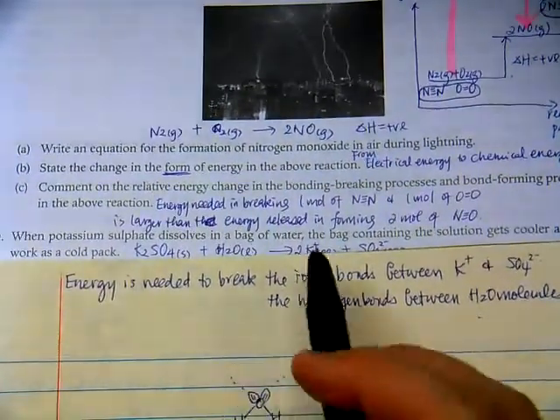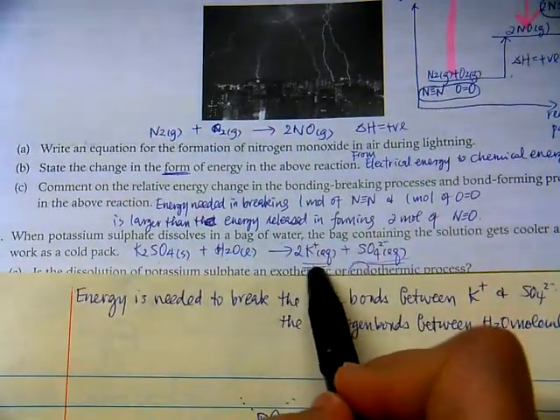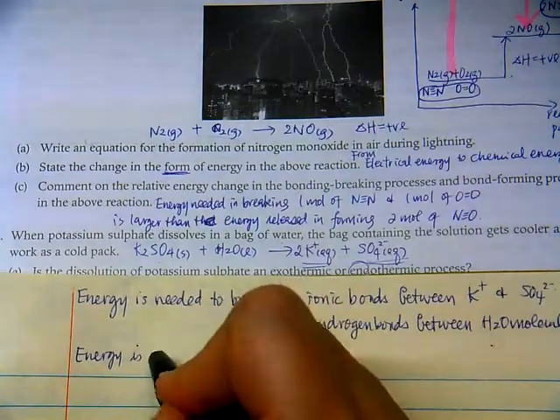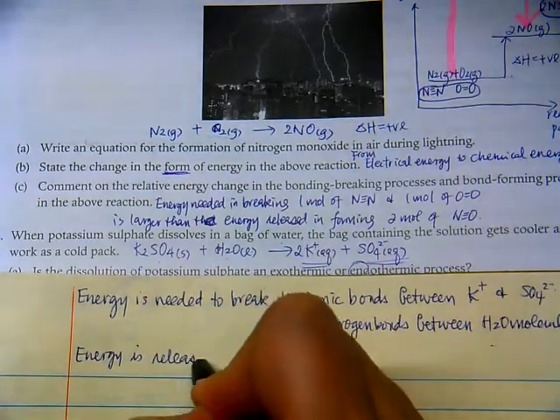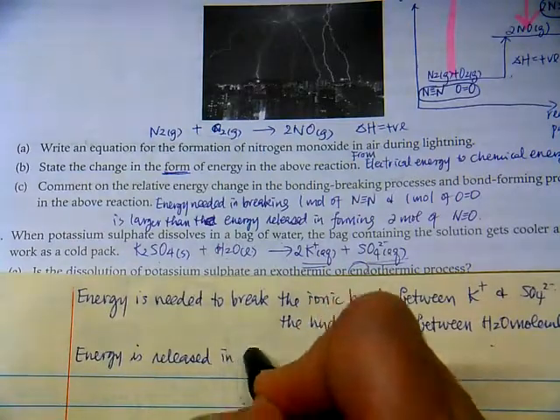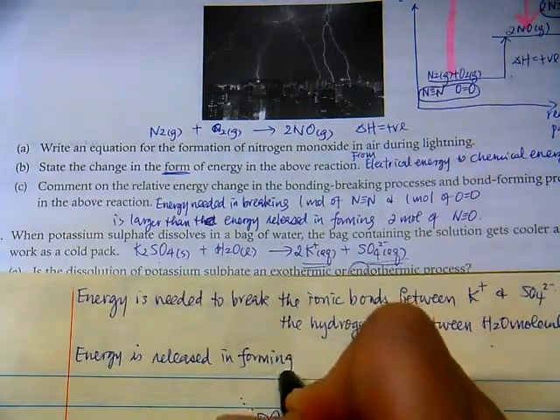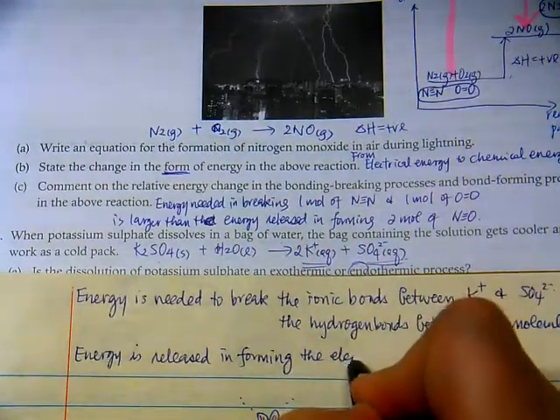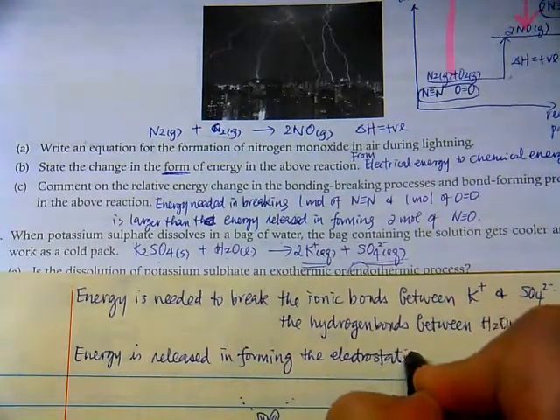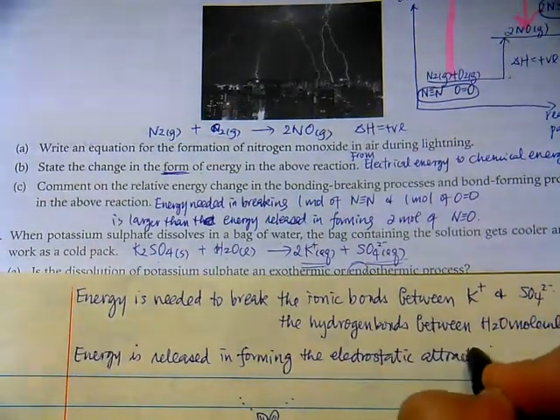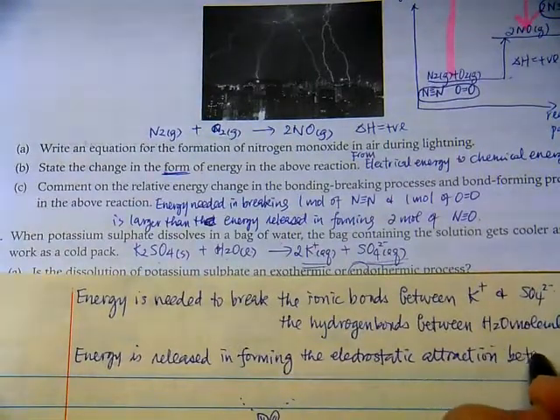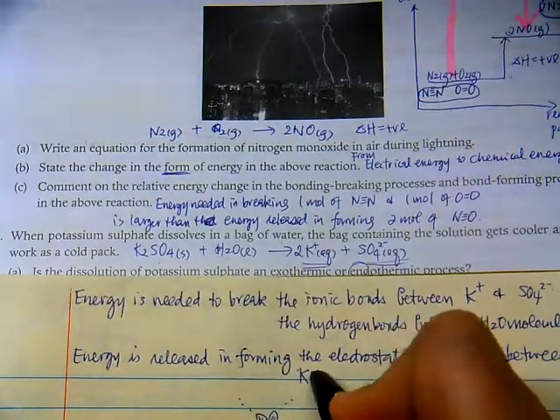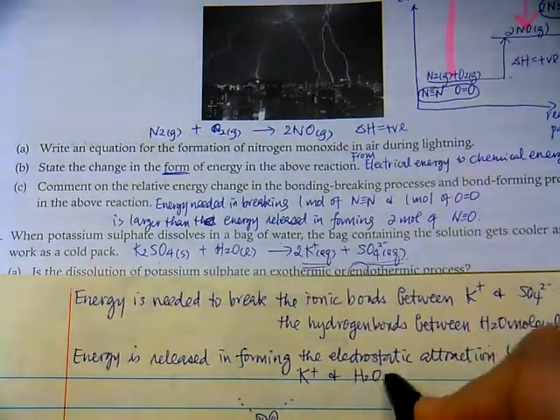And next, let's continue. Finally, after dissolution, energy is released in forming the electrostatic attraction between the potassium ion and water molecules.